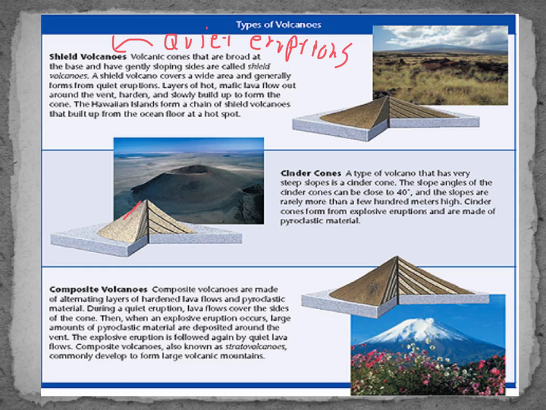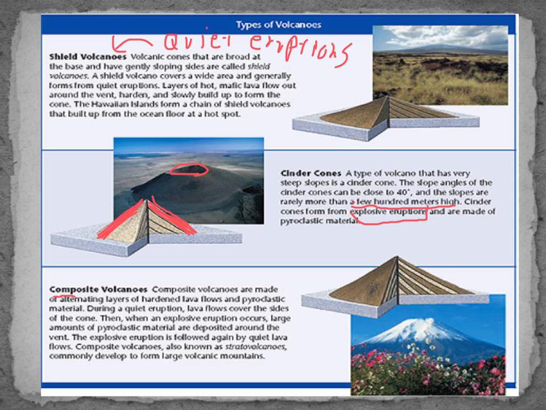You can see they have a steep slope compared to the shield, which has a slope that is much flatter. Cinder cones tend to have this nice cone-shaped crater in the middle, but they don't end up getting all that high, a few hundred meters high, so maybe 1,000 feet high at the largest ones.